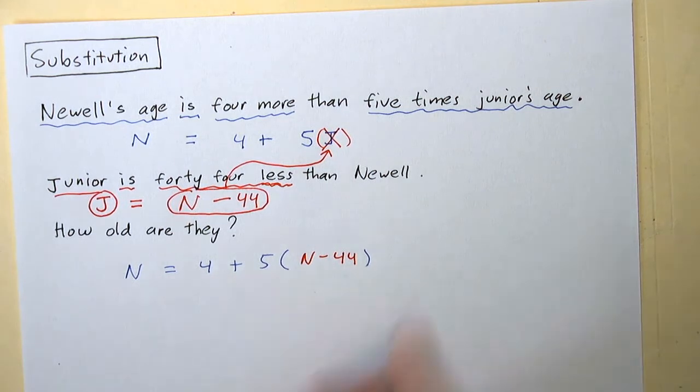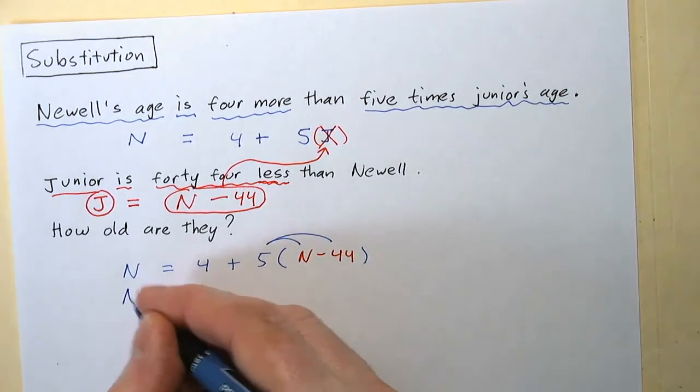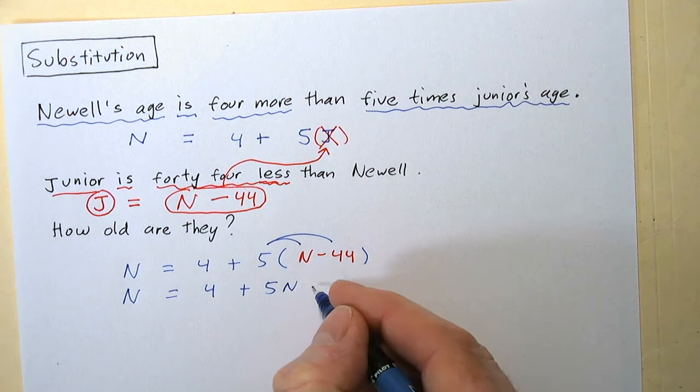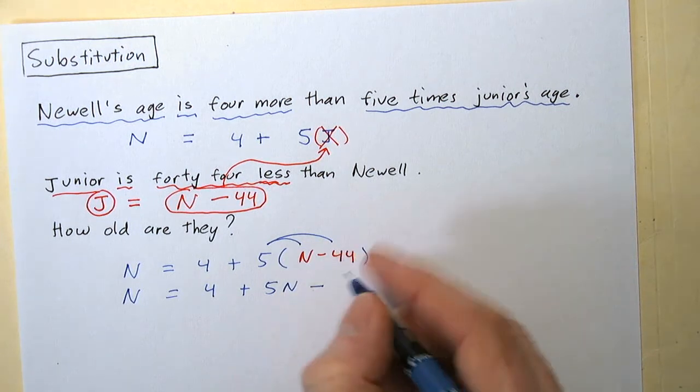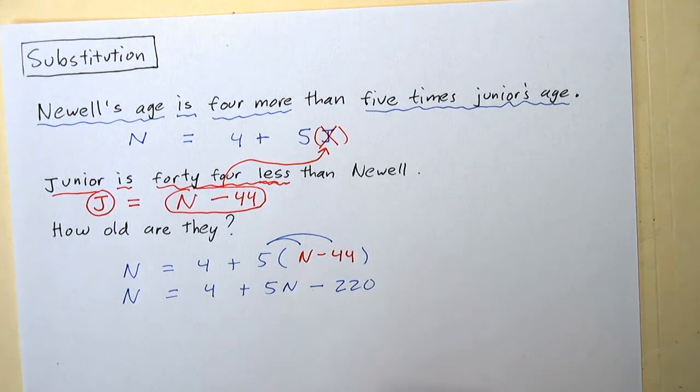Now you can solve it. So let's see, what should we do? Oh, I guess we could distribute. See, that's why it's important to put the parentheses. Newell is 4 plus 5N minus 5 times 44. You can use a calculator if you want. That is 220. Okay, so what should we do now? Let's see, what can we put together?